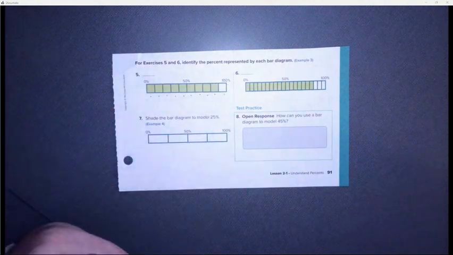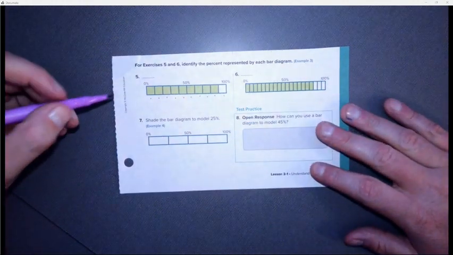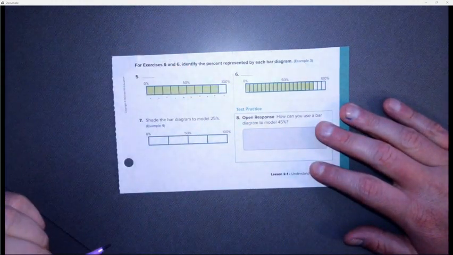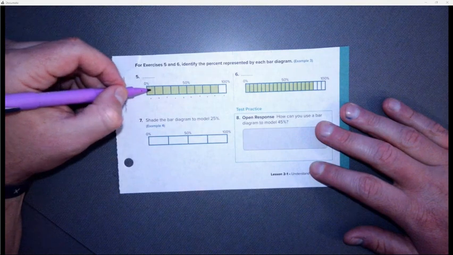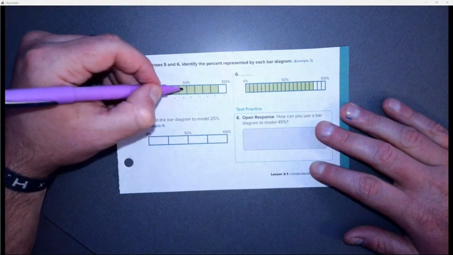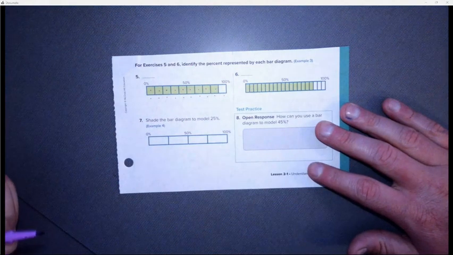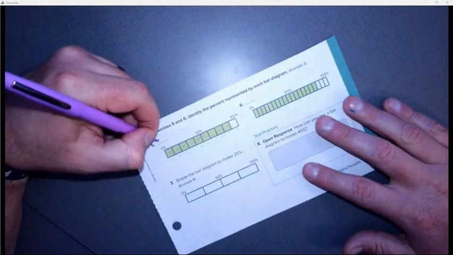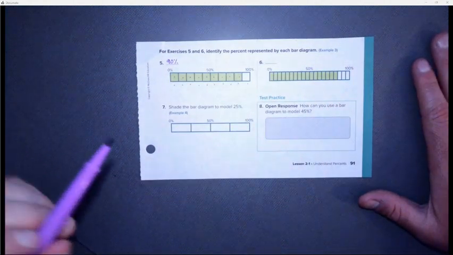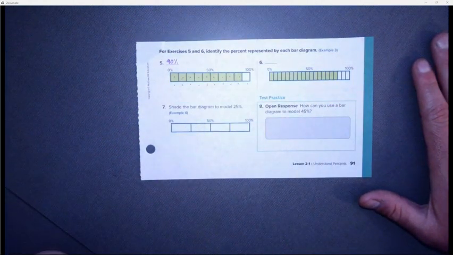So 100 divided by 10 is 10%. So I know each section is 10%, and I have 1, 2, 3, 4, 5, 6, 7, 8, 9 sections shaded. 9 times 10 is 90. So I have 90% represented by the bar diagram on number 5.